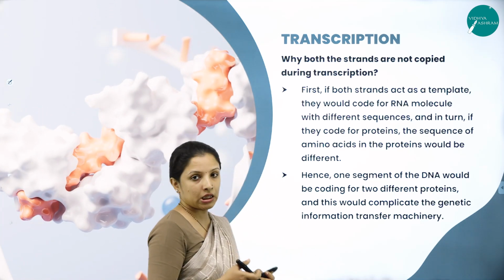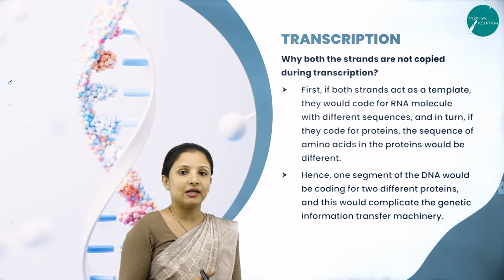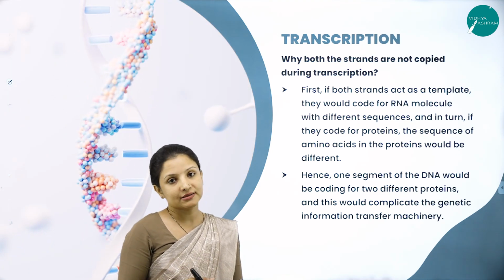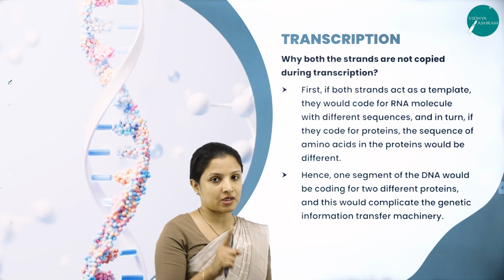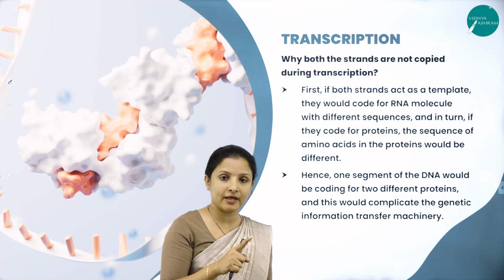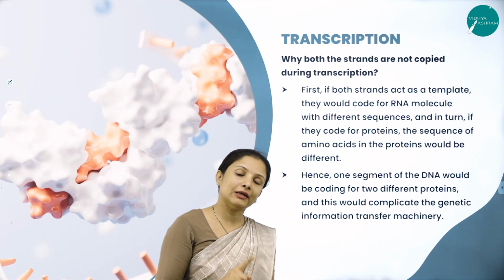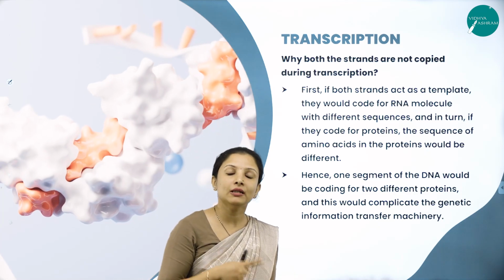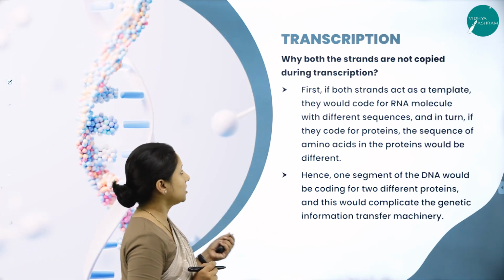We shall learn why both the DNA strands do not participate in the process of transcription, and why only one strand participates, so that one mRNA strand gets formed, or the genetic information gets copied to the mRNA strand from only one DNA strand. Why is it so is what we are going to learn here.